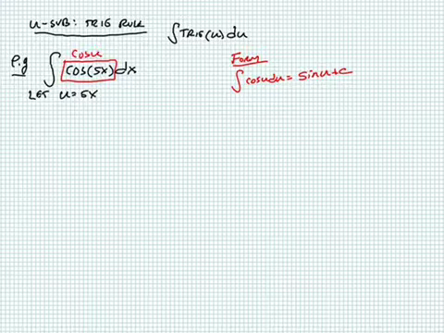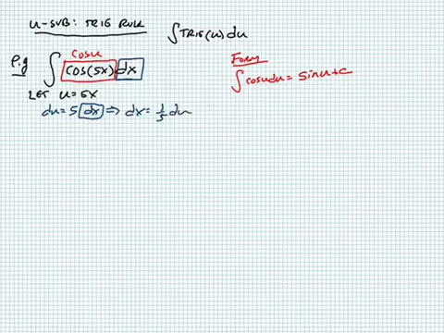So I've got part of the substitution done, but remember we have to substitute for what's left over, and what's left over here is this dx. So I'm going to lock it up, and I'm going to differentiate u. So du is equal to 5 dx. And remember, box what you're locking up that you need the substitution for. So dx is equal to 1/5 du, because I solved for dx. So this dx in the original problem is 1/5 du.